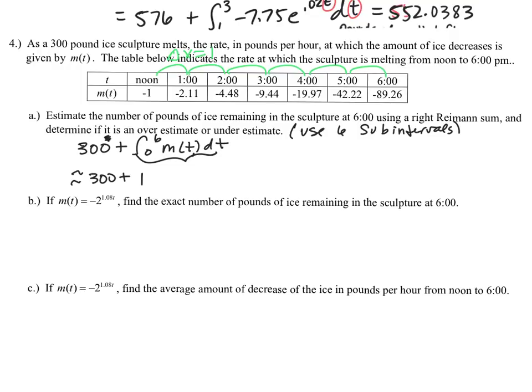If delta x changed, we couldn't do this, but since delta x is the same for every rectangle, I'm just going to say 1 times the sum of the right values. Since it's a right Riemann sum, we start at the first rectangle, and its right-hand y value will be our first one. So that's negative 2.11, then plus negative 4.48, then plus negative 9.44, and so on.